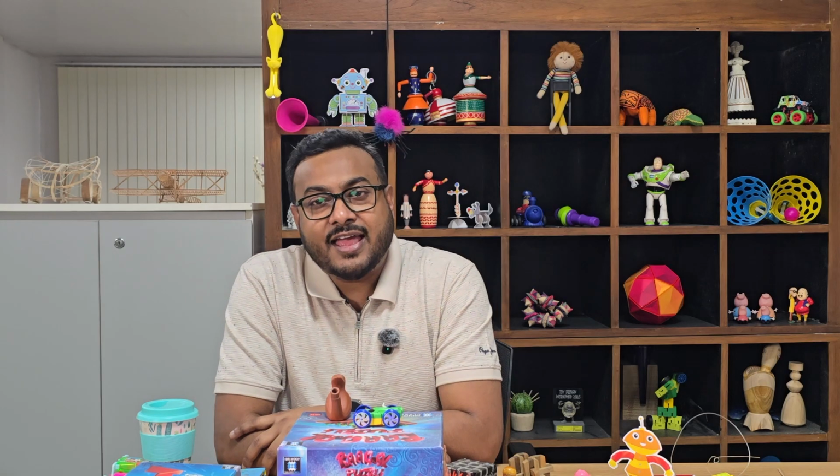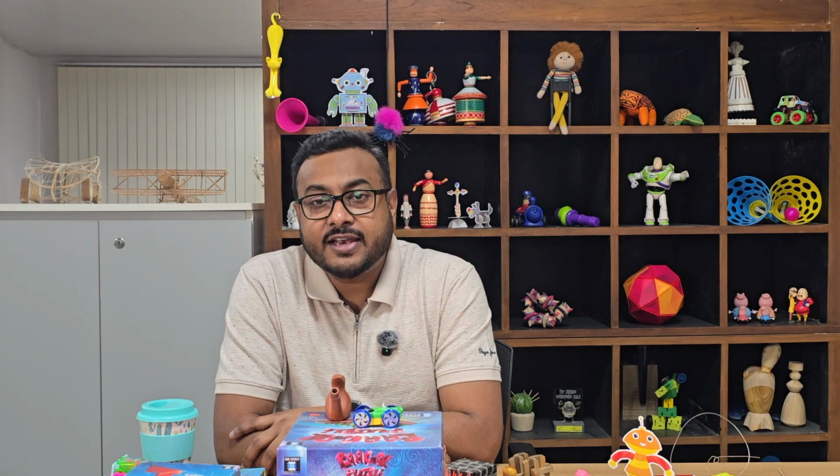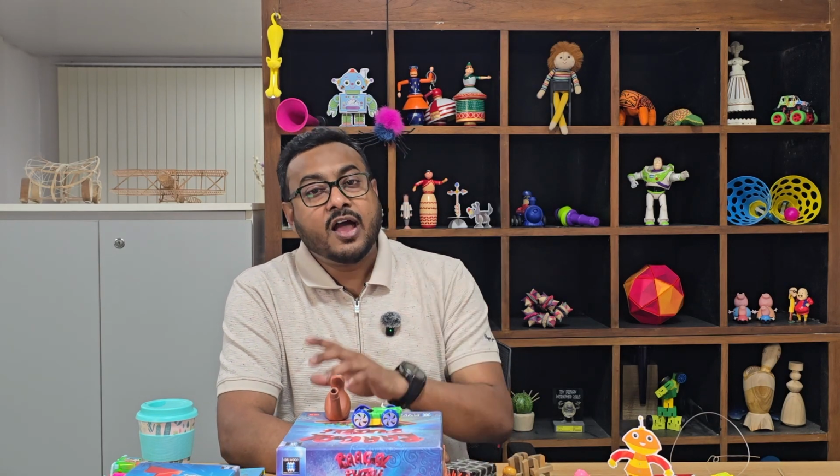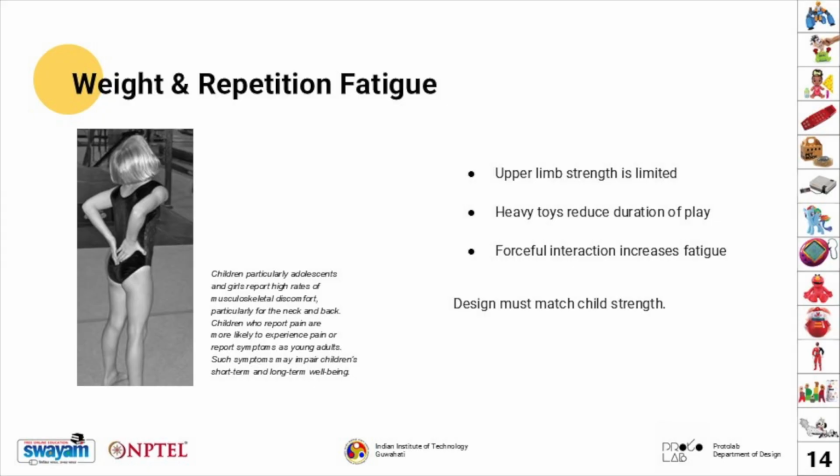Children's muscle endurance differs significantly from adults. A toy that feels light to an adult may feel heavy after 5 minutes of play for a child. That is obvious. Upper limb strength develops gradually. Repetitive lifting, pressing, or squeezing can quickly cause fatigue.